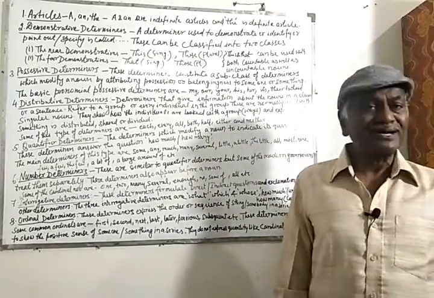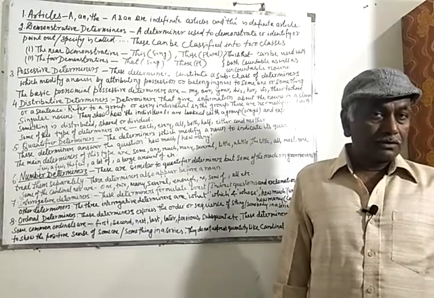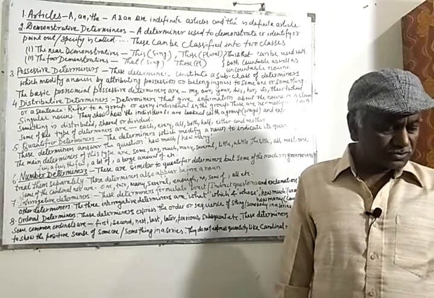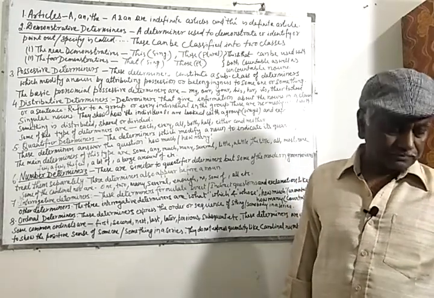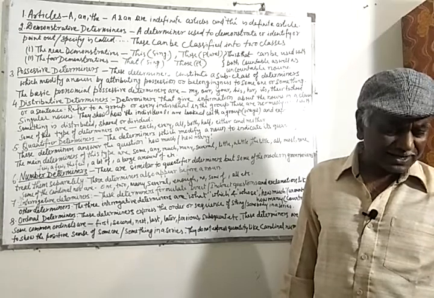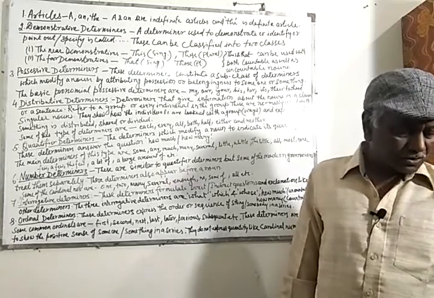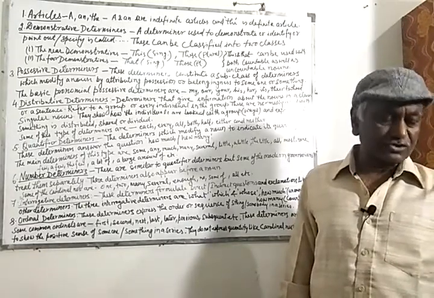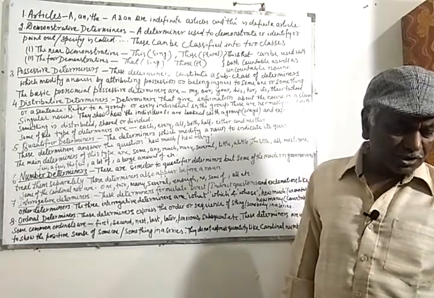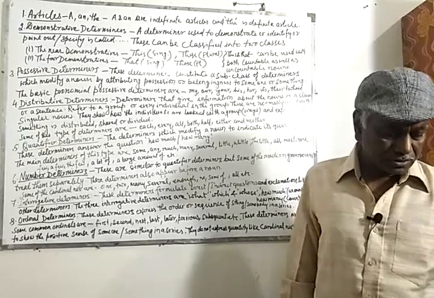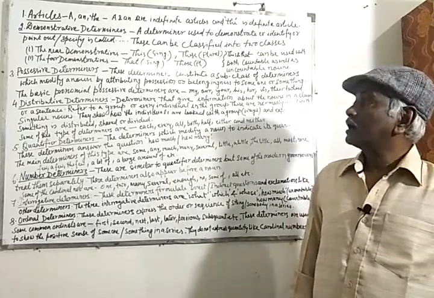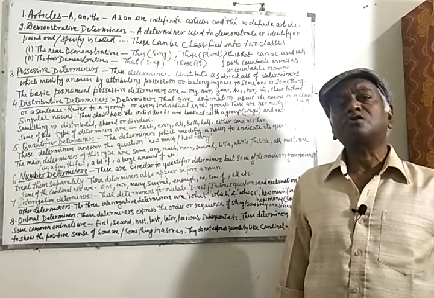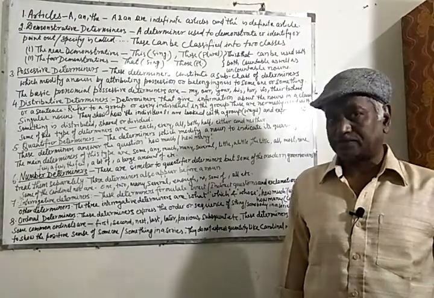In other words, we can say determiners are the words or phrases that precede a noun or noun phrase and serve to express its reference in contrast or to give more information about the noun. That means determiners may also be called adjectives.